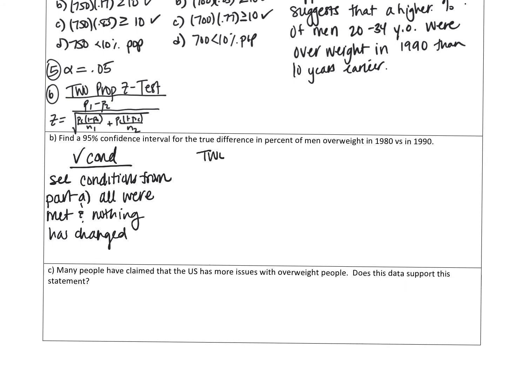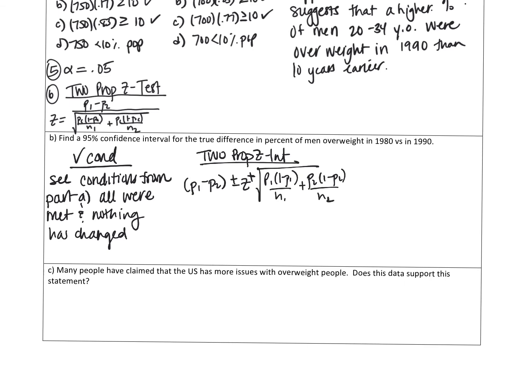We're running a 2-prop z interval. Here's our formula, P1 minus P2 plus or minus a z star times the square root of P1, 1 minus P1 over N1 plus P2, 1 minus P2 over N2.